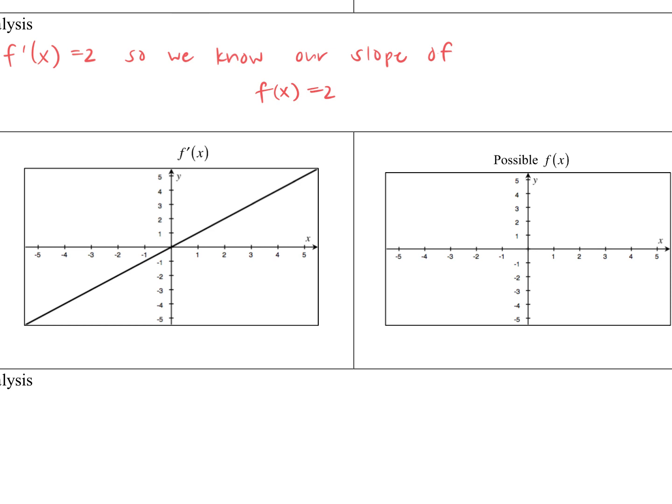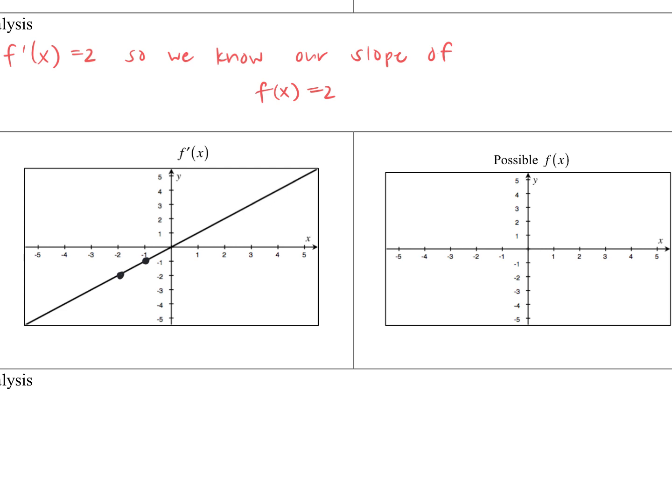Next one here. This derivative function, again, is a straight line, right? But technically, remember, all of these values are slopes. So that's saying at -1 there is a slope of this value. At -2, there is a slope of this value, right? So we need to identify what a possible f of x graph looks like.